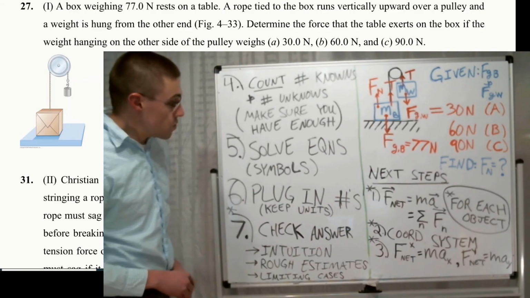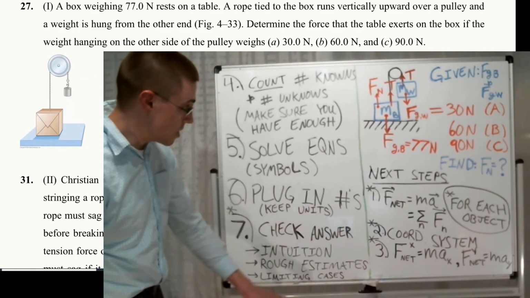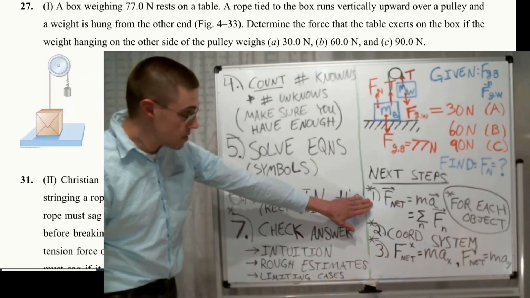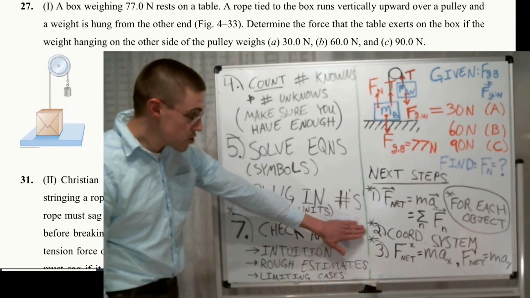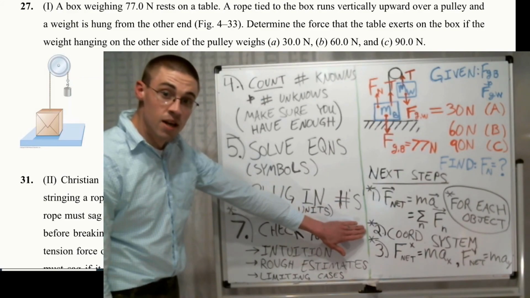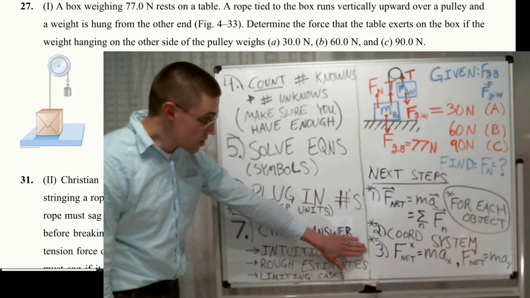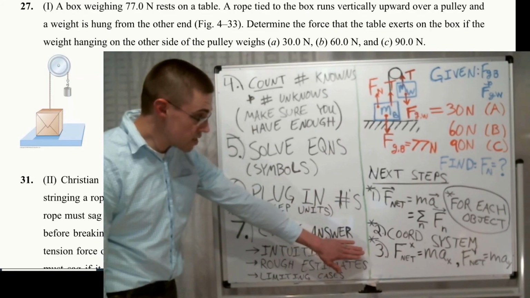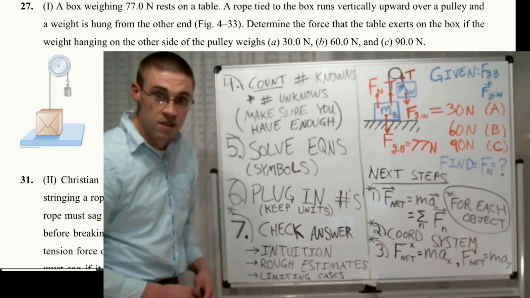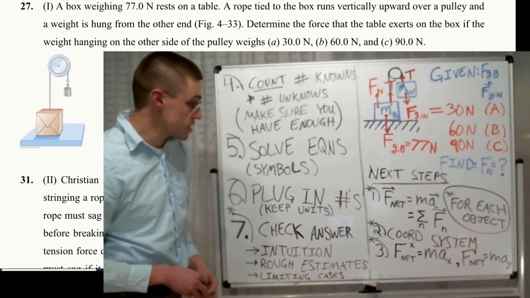And just to drive this home one last time, make sure you do an F net equals MA for each object. Make sure you set up your coordinate system for each object, and make sure that you apply that consistently. And number 3, make sure that you break these things into their individual components and do that for each object.